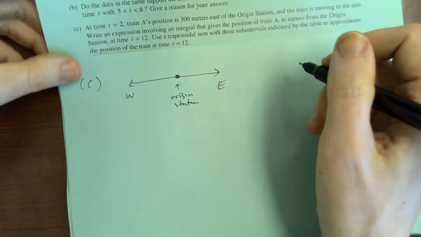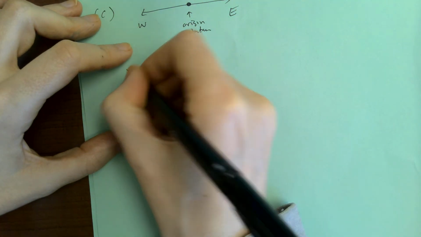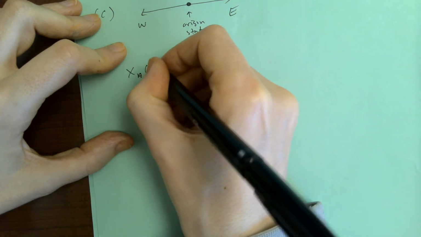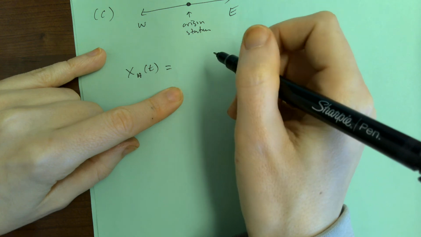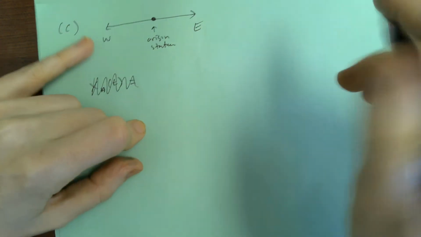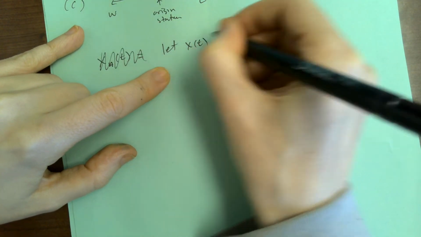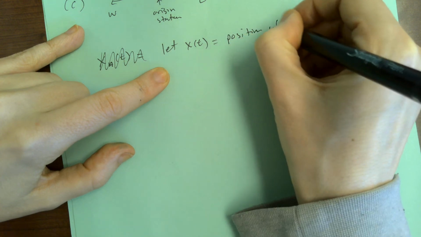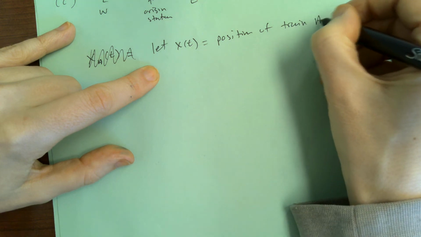So I'll say x sub A of t, or actually, I don't like the sub stuff. So I'll just say to my reader, let x of t equal the position of train A.